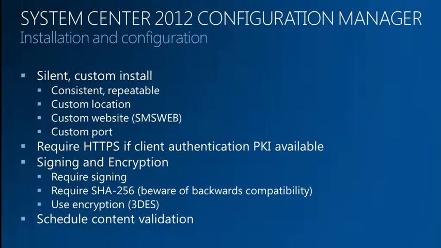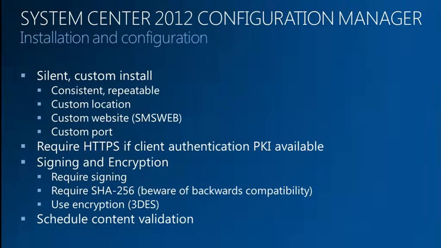The catch there is that some older clients won't support SHA-256 out of the box. There are some hot fixes for certain versions of older OSs, so you've got to check that first, and then also ensure that you're using encryption. Also a note about scheduling content validation. It's a new option in System Center 2012 Config Manager.